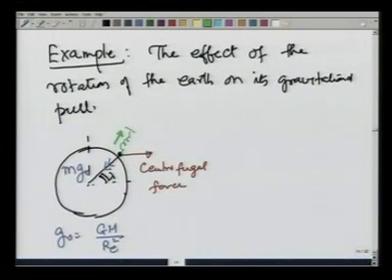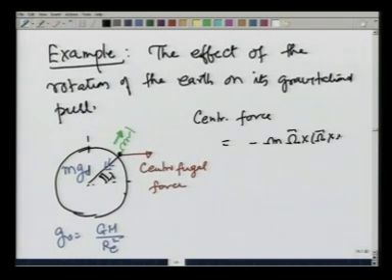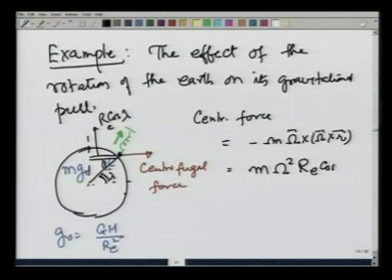What should this force be in the spring? It will be given by the combination of mg0 plus this centrifugal force. The centrifugal force is minus m omega cross omega cross r, and if you calculate it, this distance out here is r cosine lambda. The magnitude comes out to be m omega square r earth cosine of lambda.